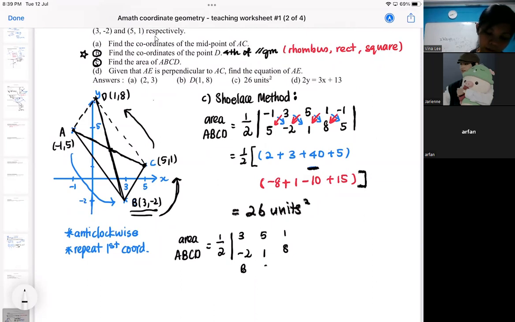So B, C, D, and A. And then still must repeat the first coordinate.